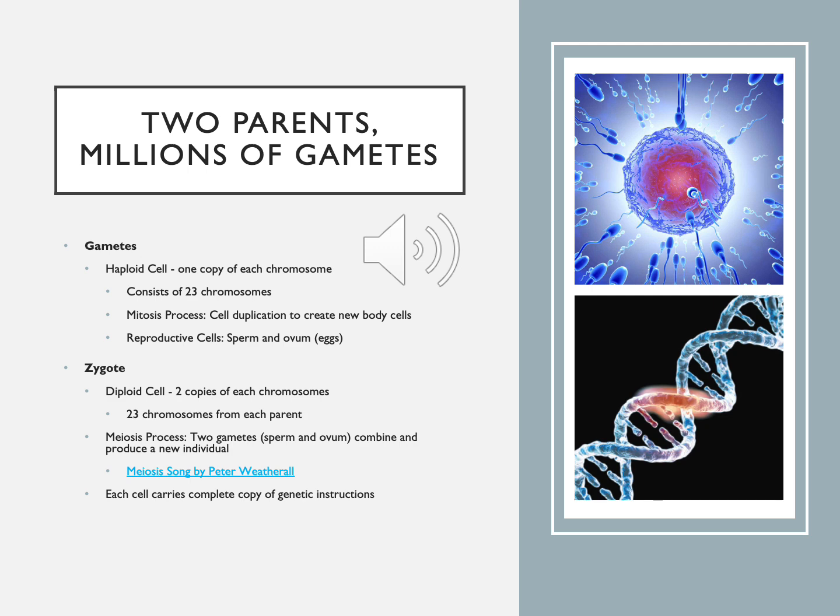A zygote is what we think of when a new baby is being formed. Zygotes take two gametes, which are our sperm and our ovum, or our eggs, and those two cells are put together and create a new cell.